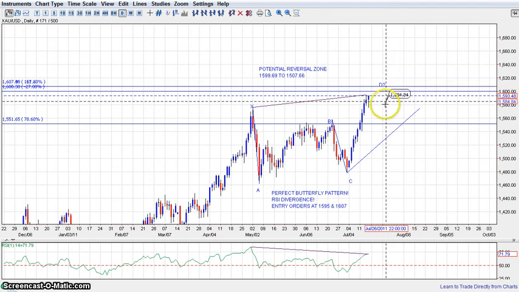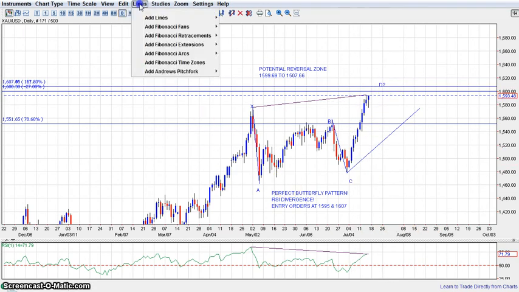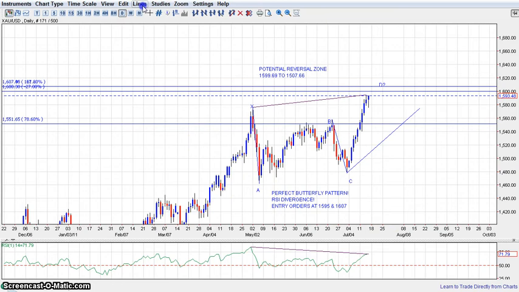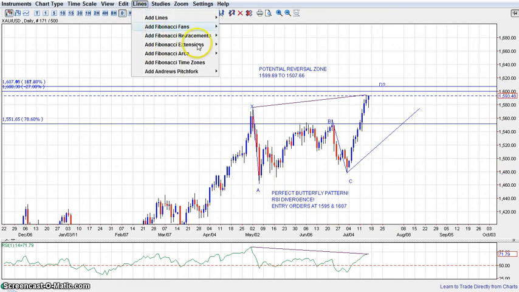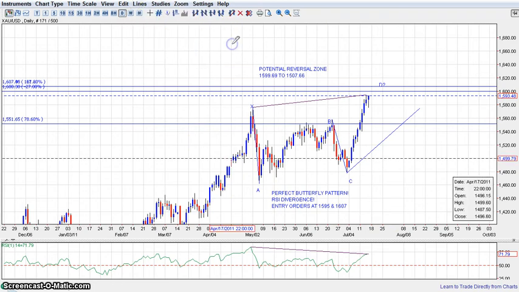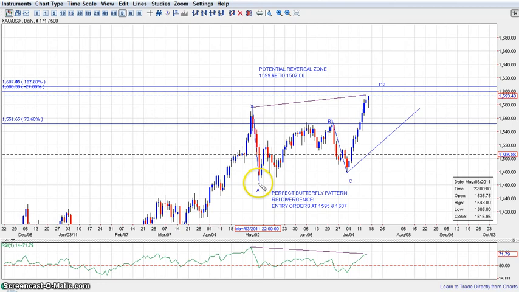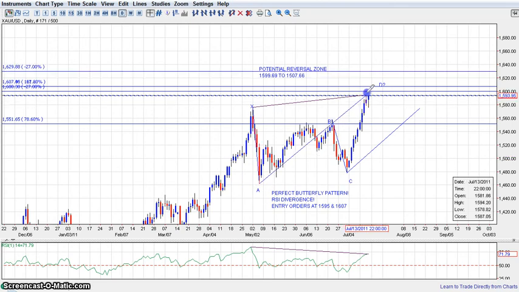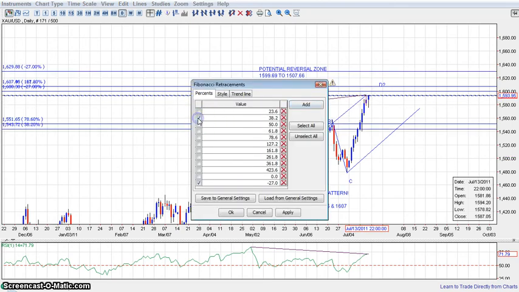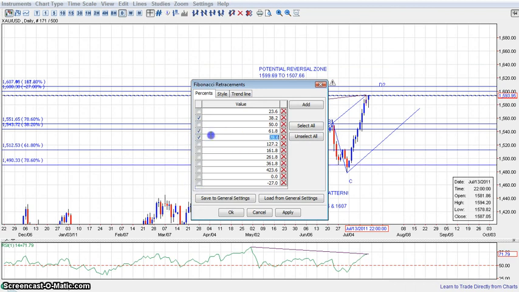And in terms of target, I'll be using Fibonacci retracement of the AD leg to manage the trade. So I'll do 38.2, 61.8, and 88.6 retracements of the AD leg.